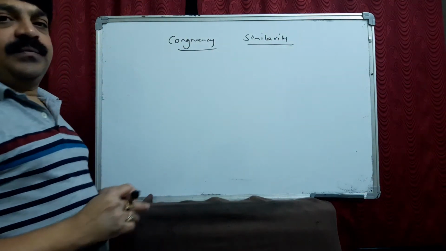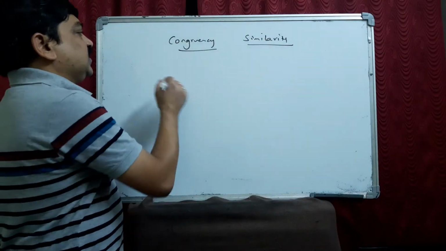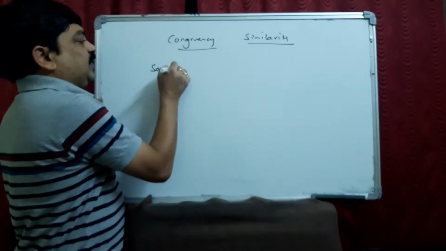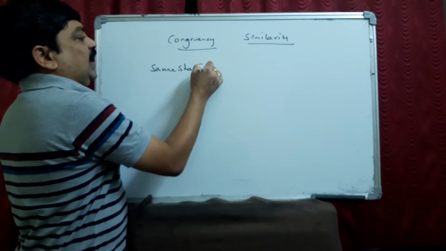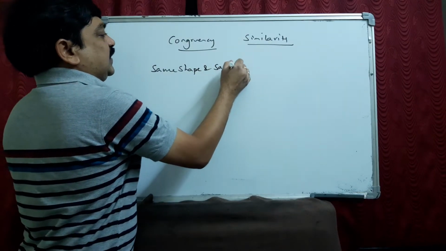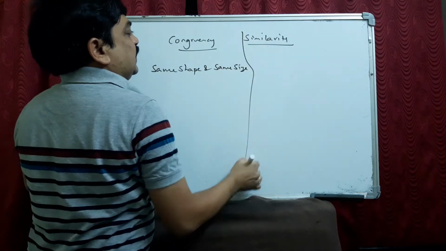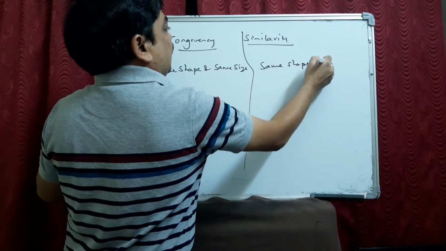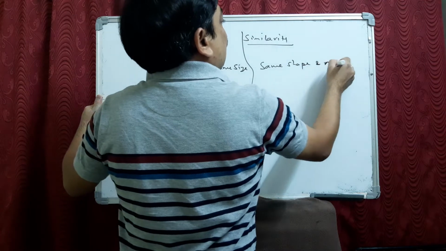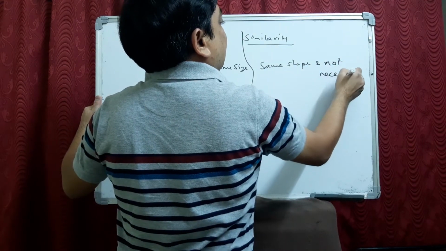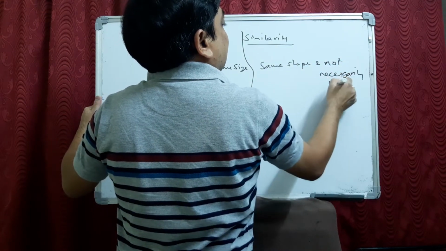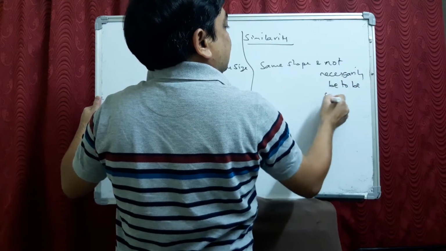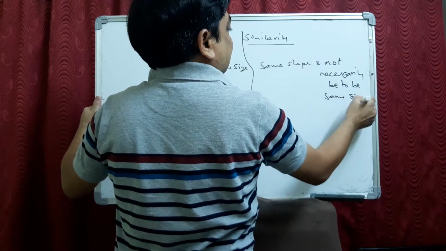Congruency means same shape and same size. Similarity means same shape, not necessarily the same size.